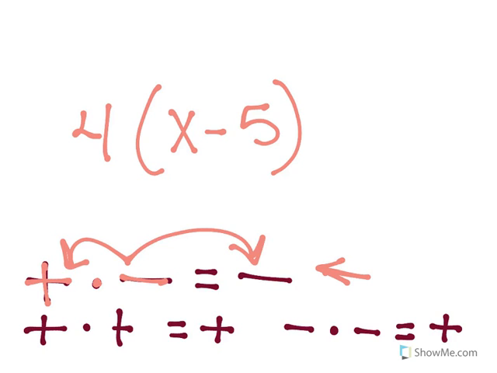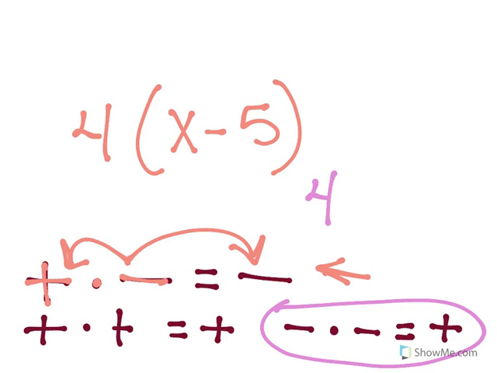Okay, and then down here, I always say, because you're going to see something like 4 times negative 3. Okay, so when we're talking about this one, you see how that one kind of stands out?